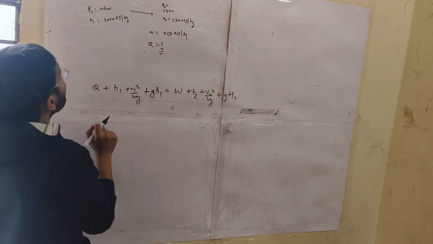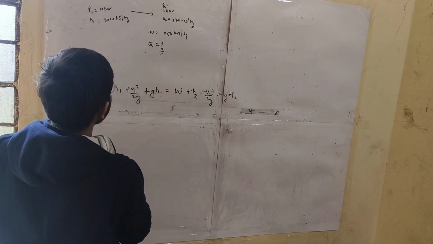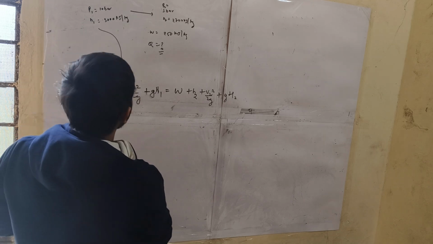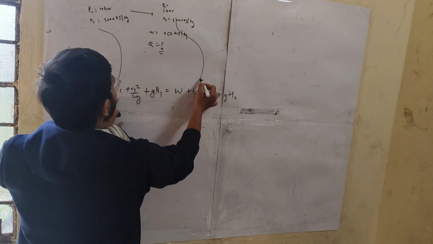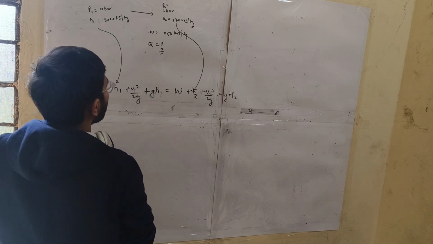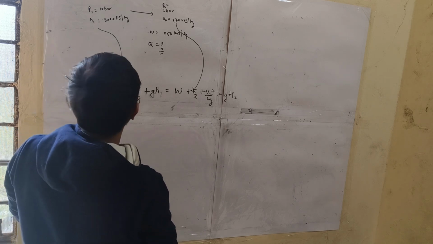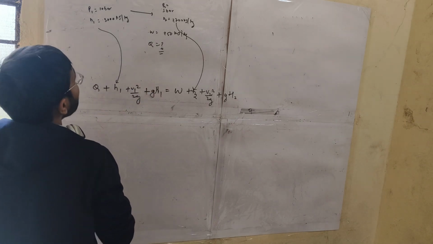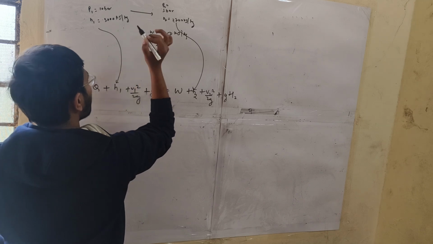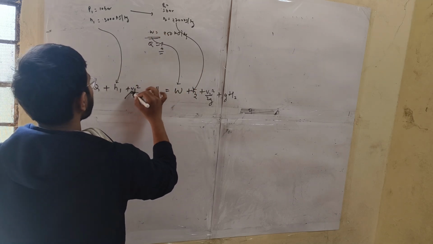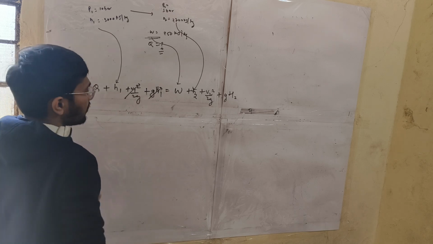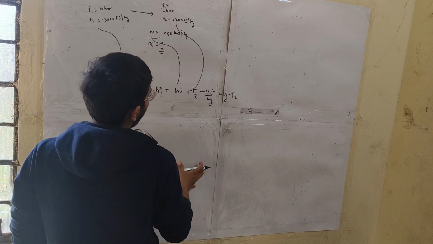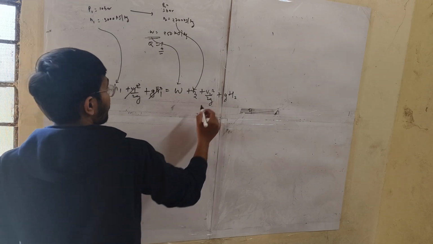Now we know this much enthalpy, this is H1, and you put H2 here, and you also put the work here, because the kinetic and potential energy terms become zero, as it is given in the question that these terms are negligible.